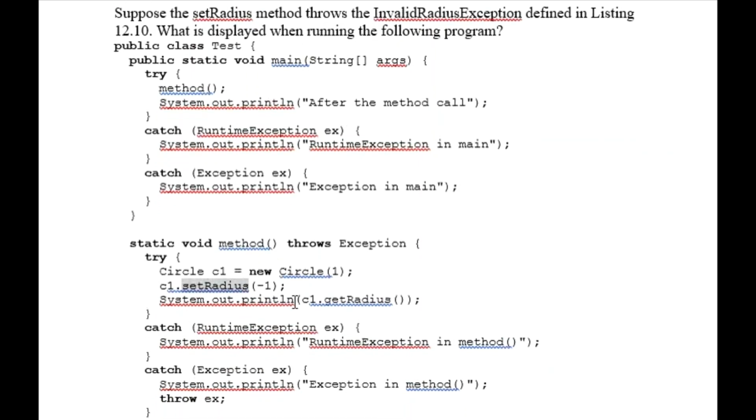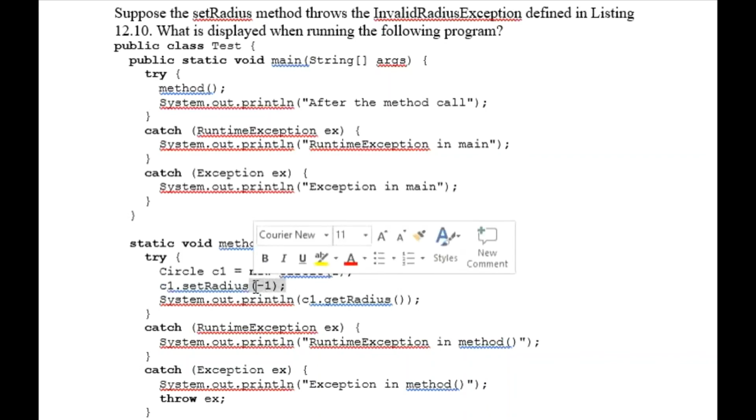This method, suppose that it throws an exception, which is invalid radius exception, defined in the listing in program 12.10 in chapter 12. If you go ahead and see it, you will see a custom exception class, a user defined exception class. So when set radius throws an exception, this is a subclass of exception.